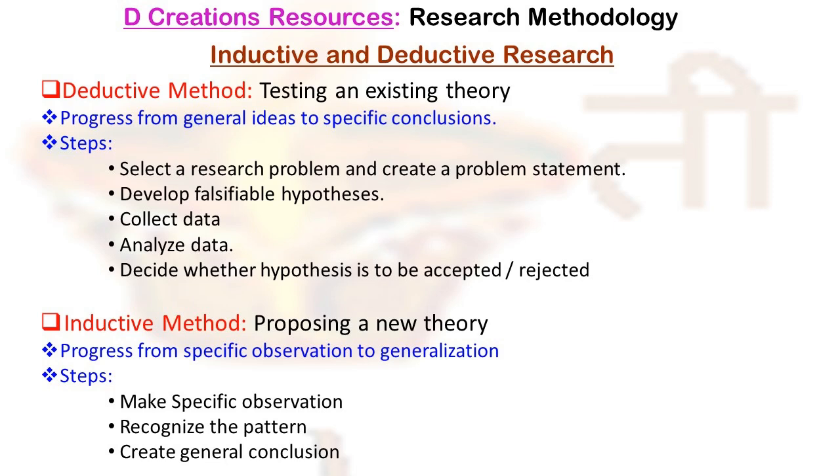For example, you will study all the plants and see if they are dependent on oxygen for their existence. So obviously when you analyze this data, you are going to find that yes, all plants depend on oxygen for their existence. So that means your initial hypothesis that all biological life depends on oxygen for their existence is true, right? So it's not going to get rejected.